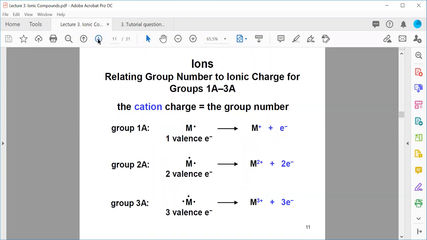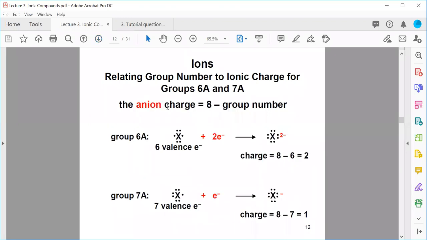All right, now let's look at the same thing but for anions. In particular, groups 6A and 7A, where the anion charge equals 8 take away the group number.